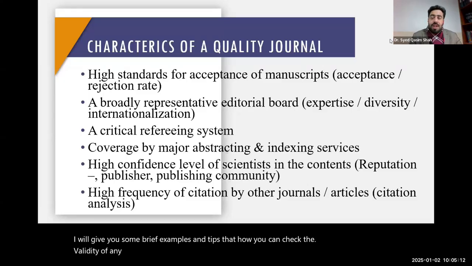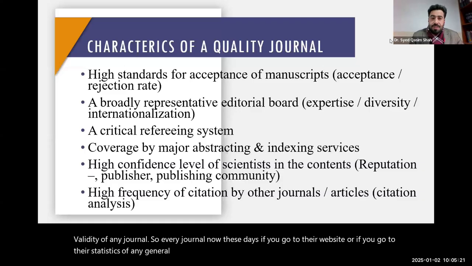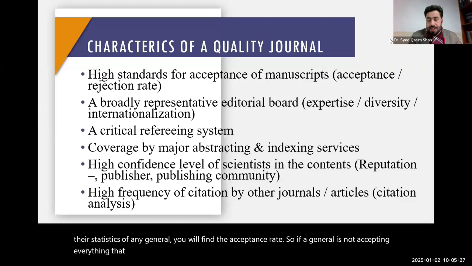Every journal these days, if you go to its website or its statistics, you will find the acceptance rate. A journal should not accept everything that is submitted to it, whether within its scope or not. There should be a rejection rate.